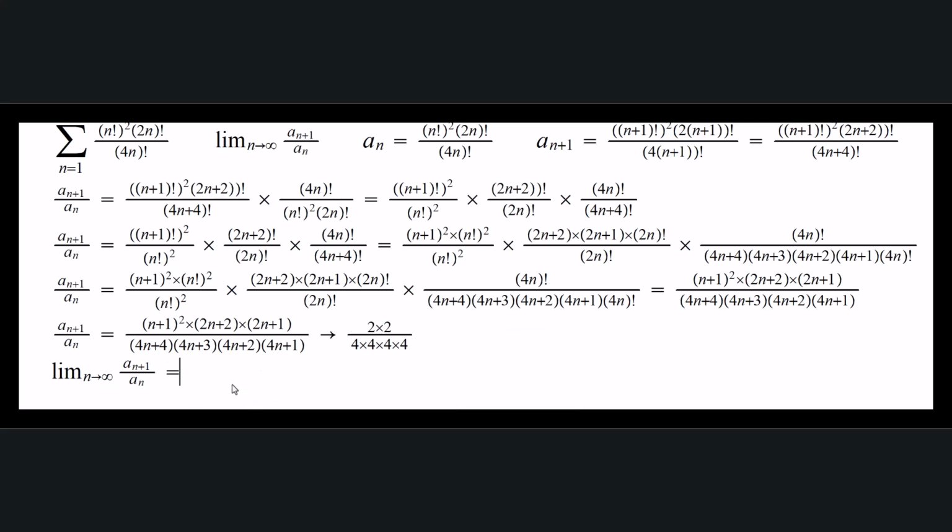Right here, we have 2 times 2, so 4, times 1 over, after the cancellation, 4 times 4 times 4, that is 1 over 64, which is the limit of the ratio test here. And since this is less than 1, we can conclude that the infinite series converges.